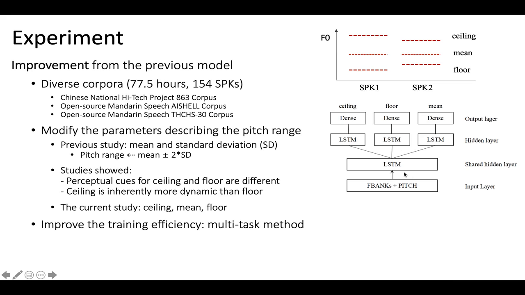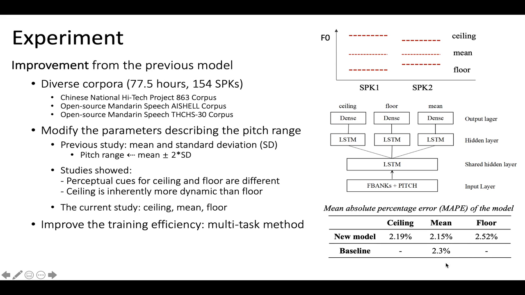One is a shared hidden layer, the other is a separate hidden layer. The performance of the model is shown in the table. The evaluation method is mean absolute percentage error.